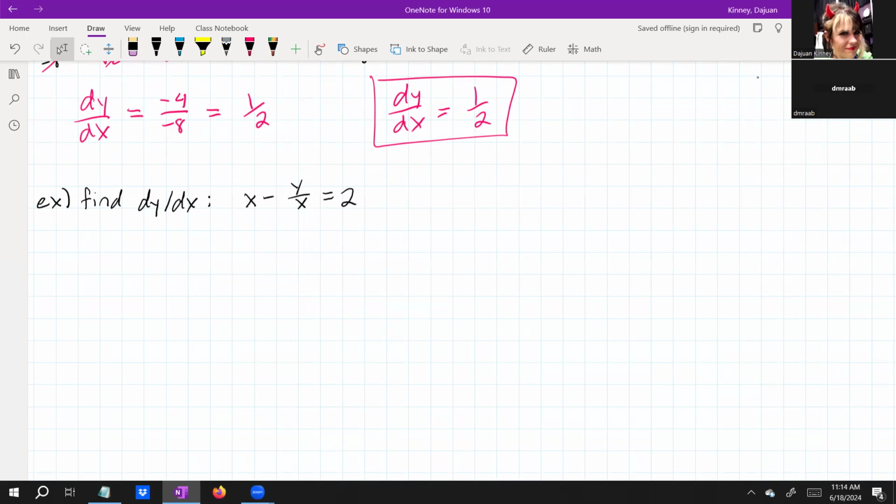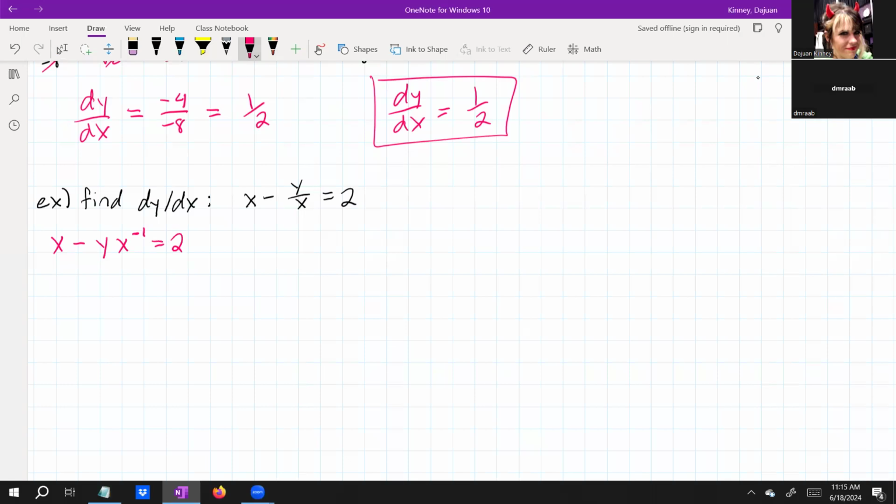Let's do this implicitly. So I'm going to rewrite this first off. I get x minus y times x to the negative 1 equals 2. This just makes doing the derivative a little more straightforward.